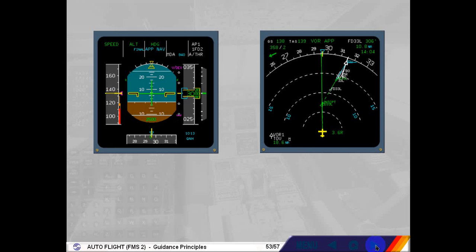Pushing the approach push button on the FCU will arm the lateral mode. APP NAV and FINAL are displayed in blue on the FMA. If navigation mode was already engaged, APP NAV engages immediately.